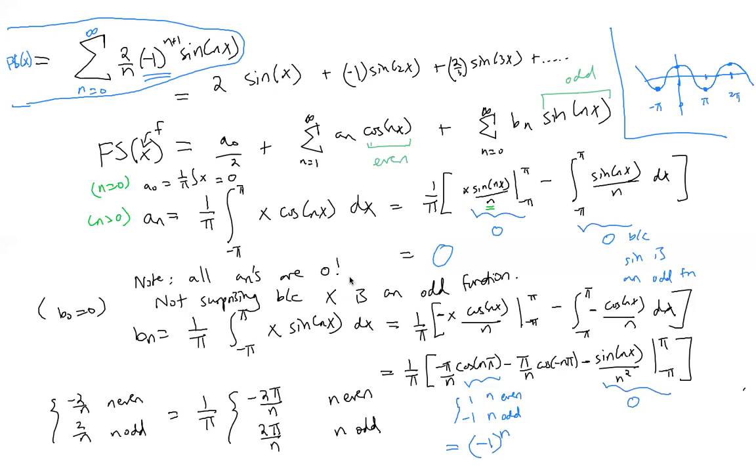So I mean, most of the work is just computing these integrals, to be honest, because the formula you can kind of memorize almost. It's the exact same formula as the projection formula. You just need to plug your function in and compute everything. And a good way to not make mistakes is to use oddness and evenness of your functions, because if you use the fact that x is odd, you don't even need to compute any of these.